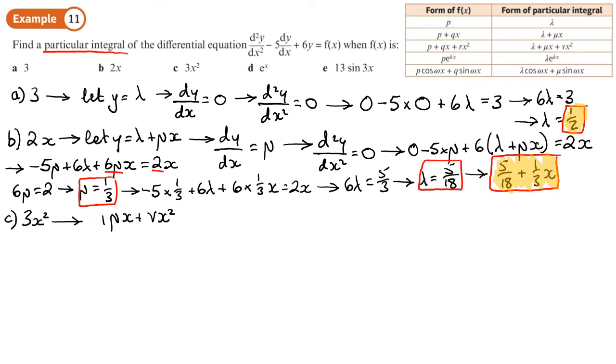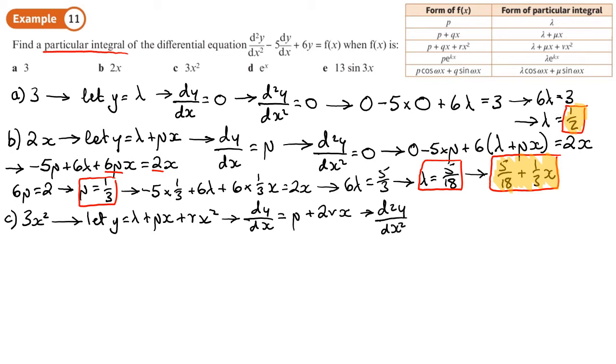We're going to let y equal that. So let y equal lambda plus mu x plus nu x squared. So we then find dy dx. That's going to be mu plus 2 nu x, and then we find d squared y over dx squared. So that's just 2 nu.